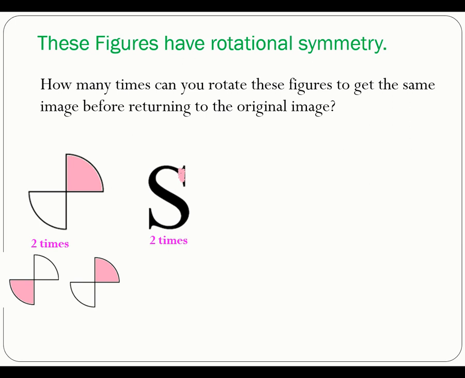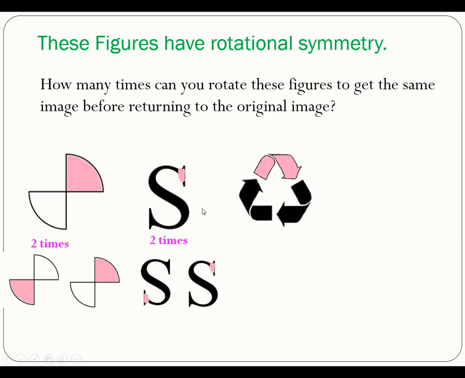Alright, but anyway, one time when this end ends up on the bottom when it rotates, guess what? The S looks like an S still. And then when this end goes back up to the top, it will look like the original. So this one has a rotational order of 2. Since you can do this 2 times, the order is 2.